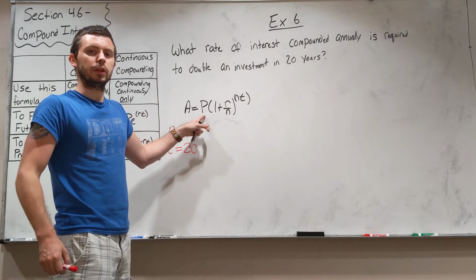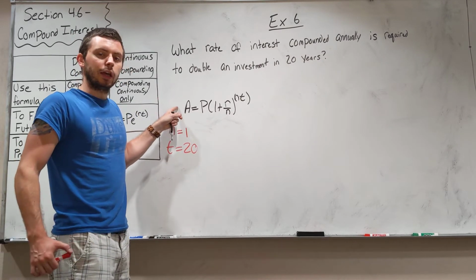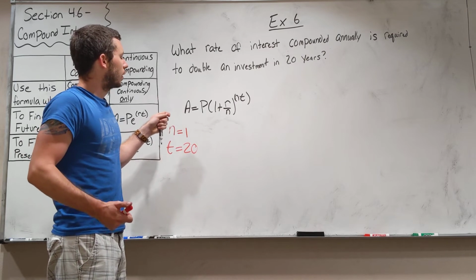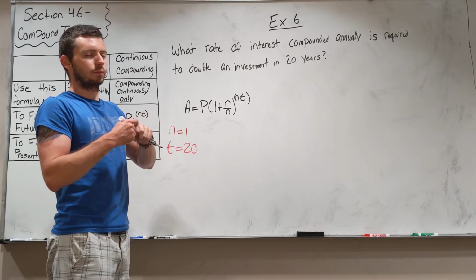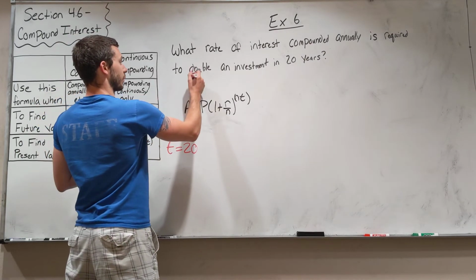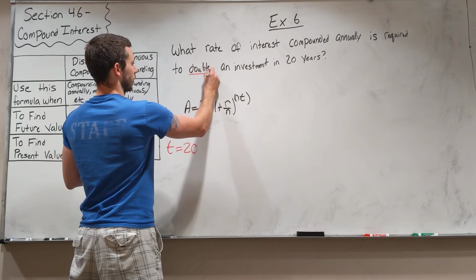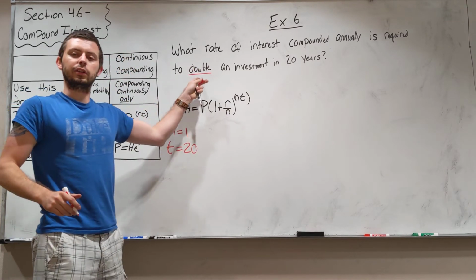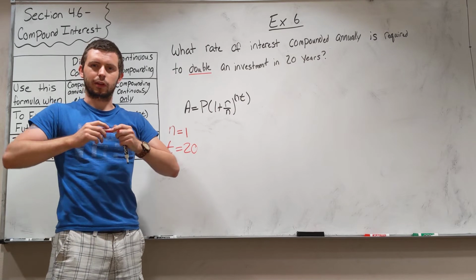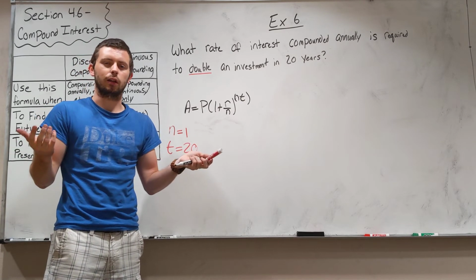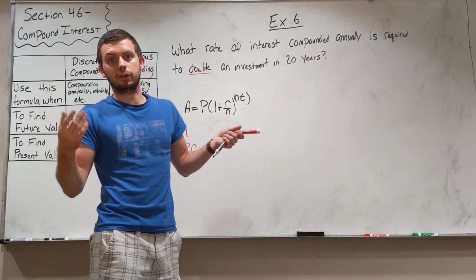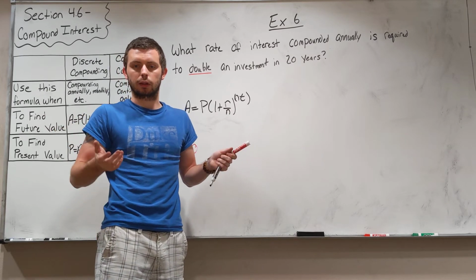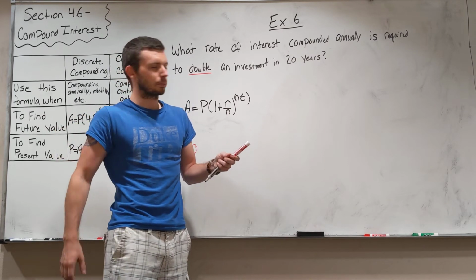So remember, P is the present value, A is the future value. And here, it actually gives you a lot more information than you think. Here it's saying the investment will double. So if you were to put in maybe $20, then double that, that's $40. If you put in $100, double that, that's $200.